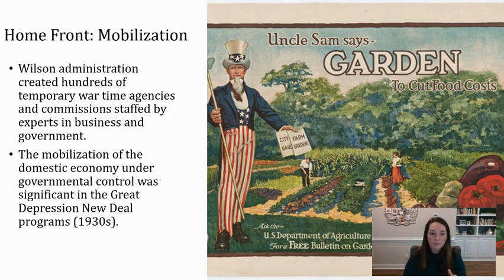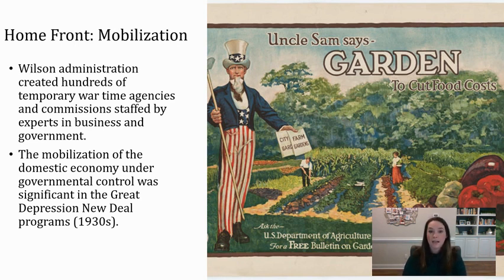And what's interesting about that is it is going to kind of play a role in showing what the government can do in order to accomplish a goal. So remember that most of the history that we've learned so far is people are very fearful of a large centralized government making actions like this. But during World War I, the American people were on board, tell us what to do and we'll do it.